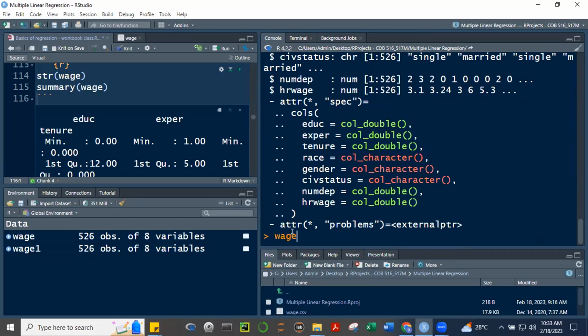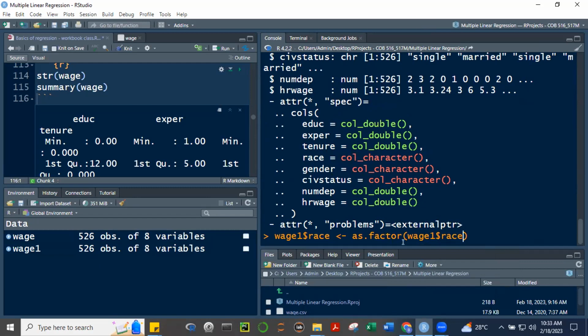So from my wage1, okay, then $ sign. Notice when I type $ sign, lalabas yung mga variables. Race. Yan. Alt minus. Okay, what I'm going to do is I'm going to make it a factor, as.factor. So wage1$race.